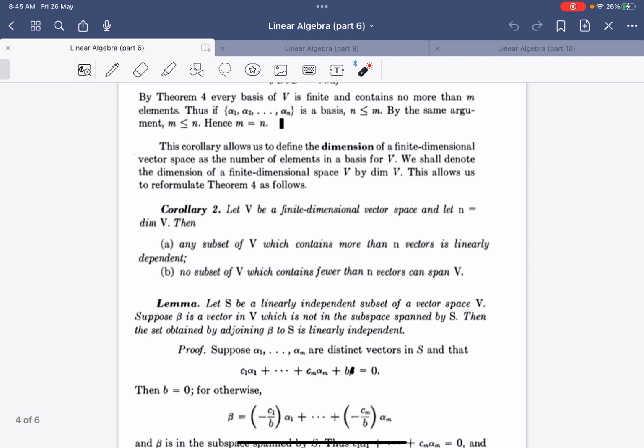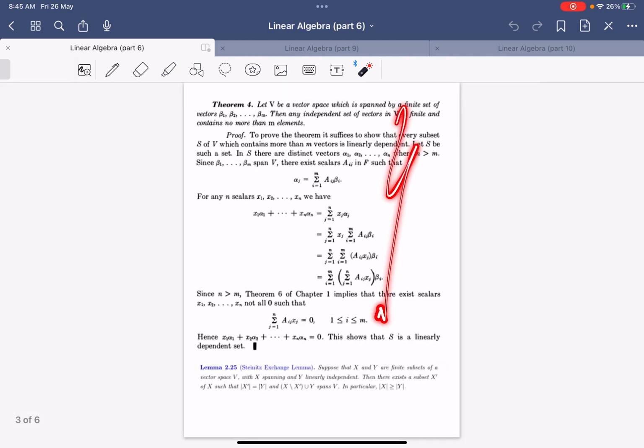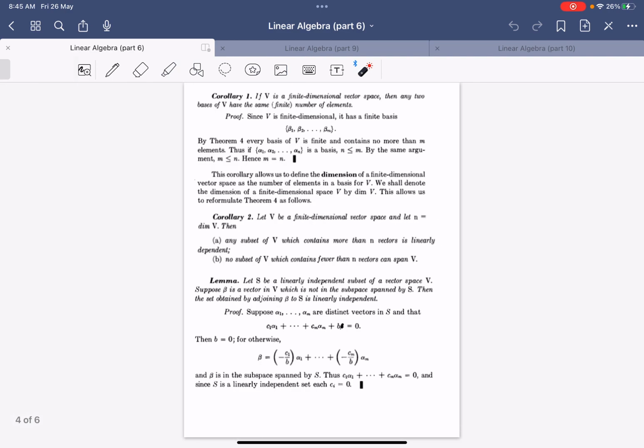And so another corollary from our theorem 4 is the reformulation, which says that if you have a finite dimension vector space V and its dimension is n, then any subset which contains more than n vectors will be linearly dependent, and no subset which contains fewer than n elements can span V. So if the basis already has n elements, then if you have more than n elements, you cannot be linearly independent.